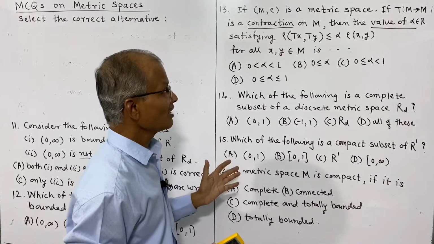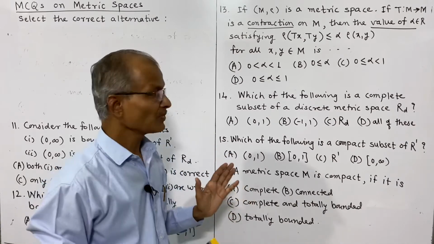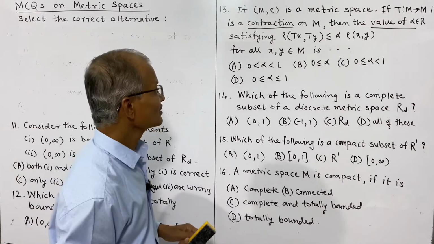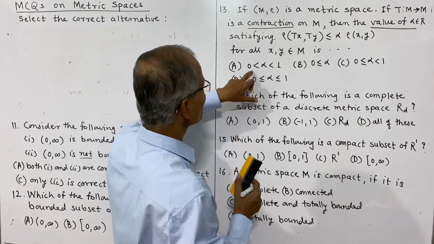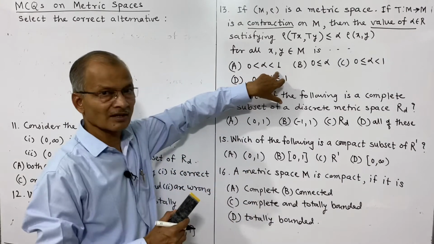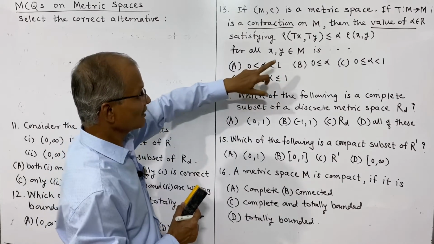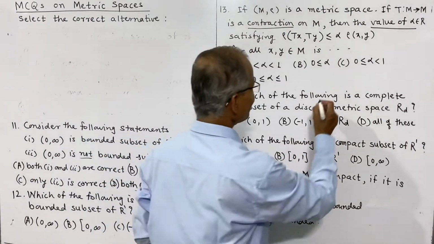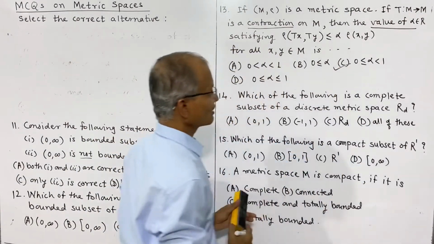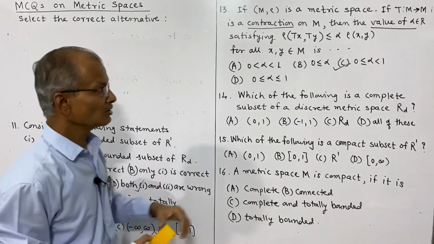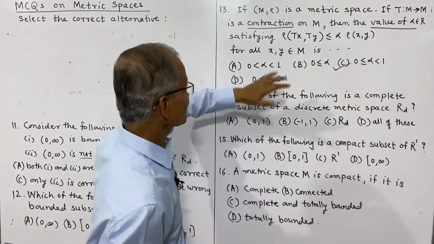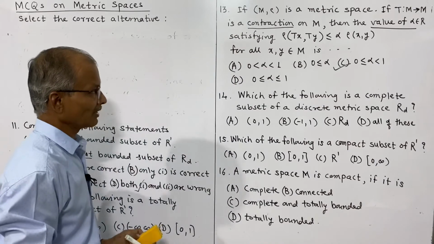It cannot be negative, so it must be between 0 and less than 1. The first alternative is 0 strictly less than alpha strictly less than 1, but alpha may take the value 0, and therefore by definition the correct alternative is 0 less than or equal to alpha less than 1. This is the condition for alpha.